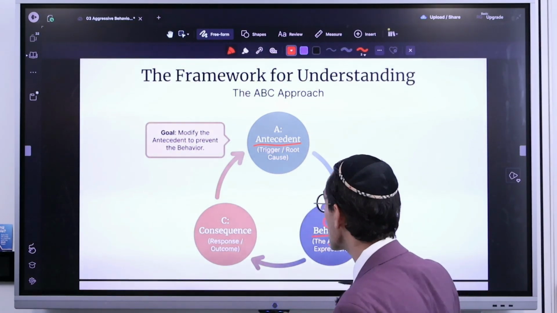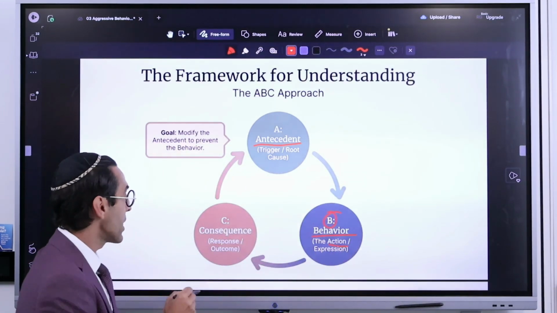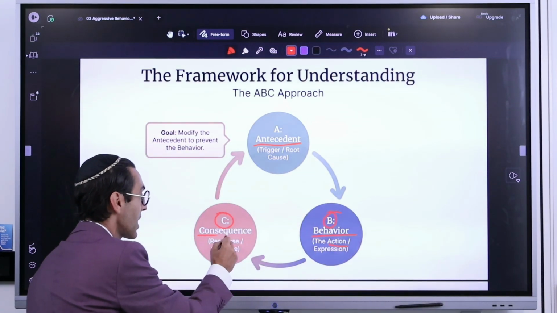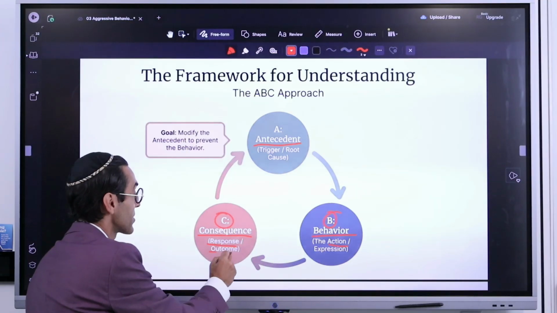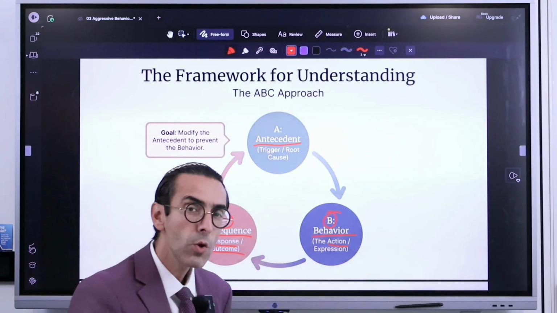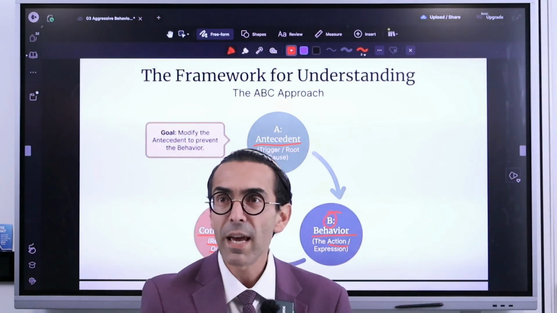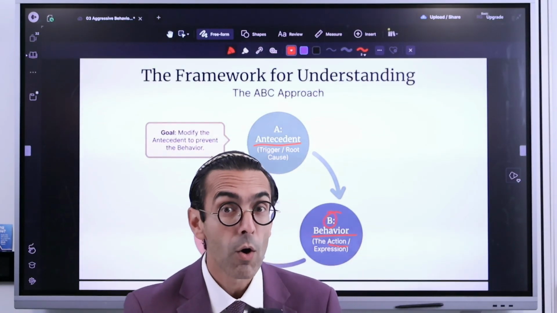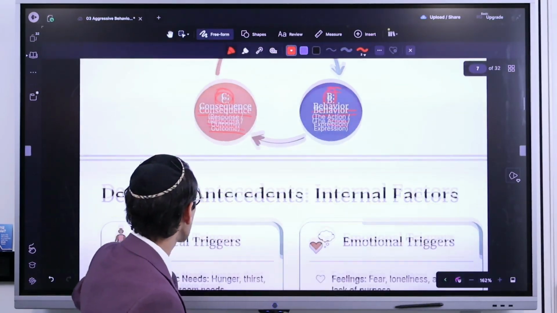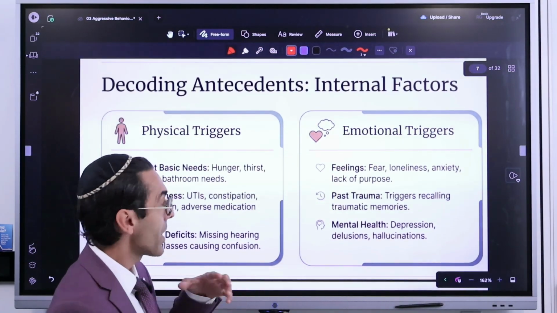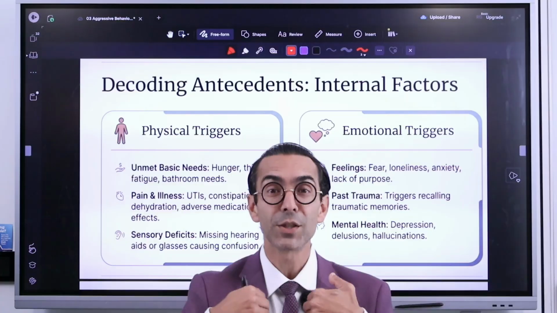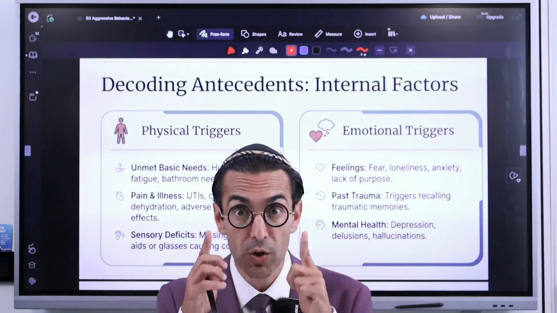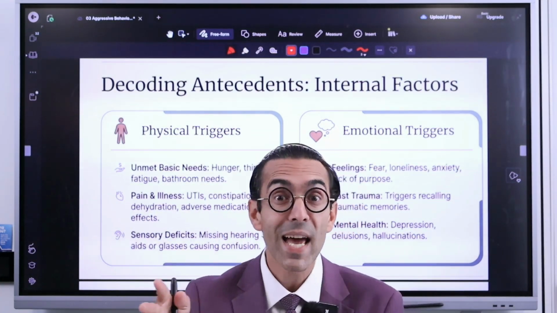Okay, and then obviously, because of that behavior, there's a C. There's a consequence. There's a response. There's an outcome. So whenever you have an abnormal behavior, and by abnormal I mean agitation, aggression, think about what the trigger is. There are two types of triggers: internal and external.